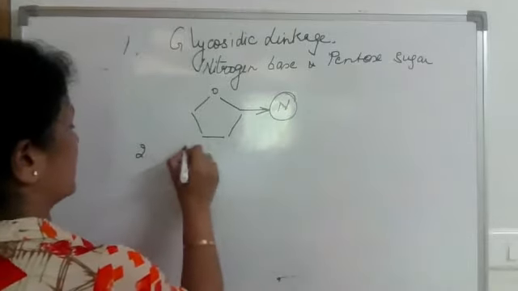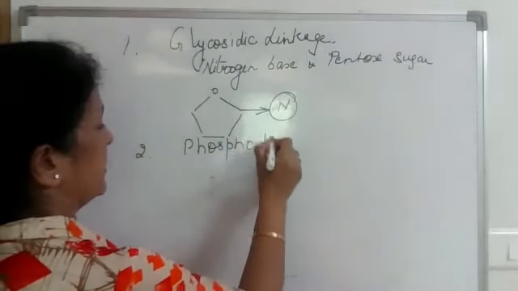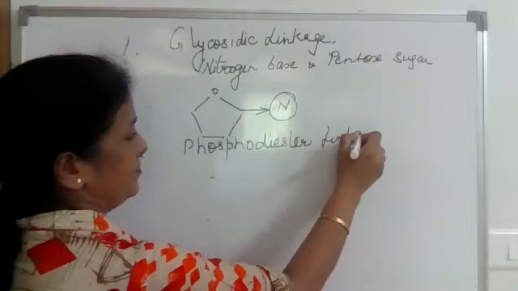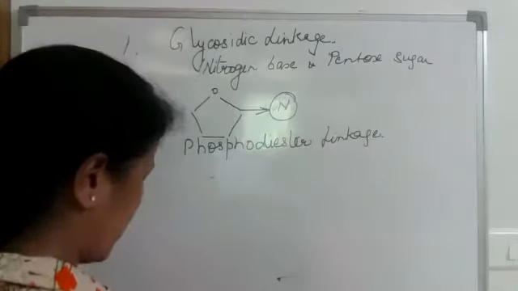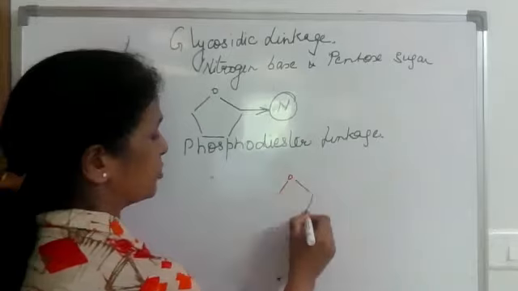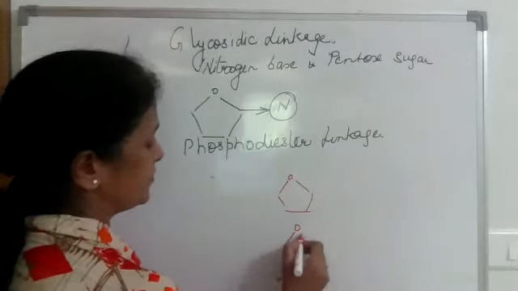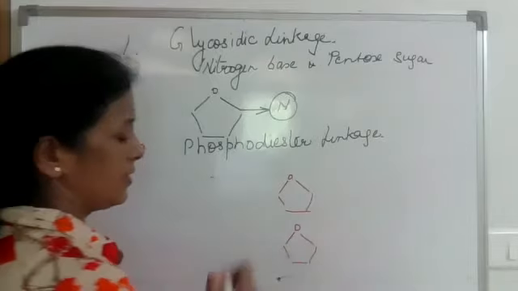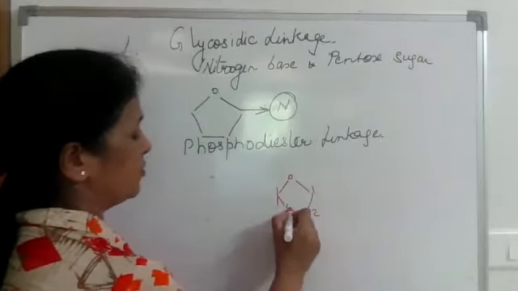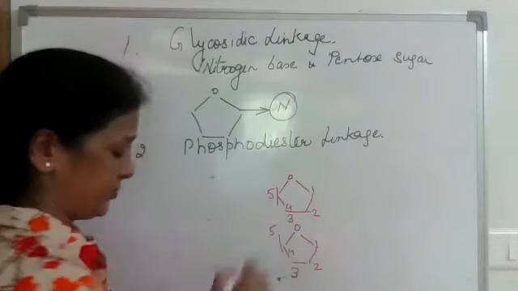The second one is the phosphodiester linkage. This phosphodiester linkage is between the pentose sugars. I am drawing 2 pentose sugars here, like this. These are carbon number 1, 2, 3, 4, 5.